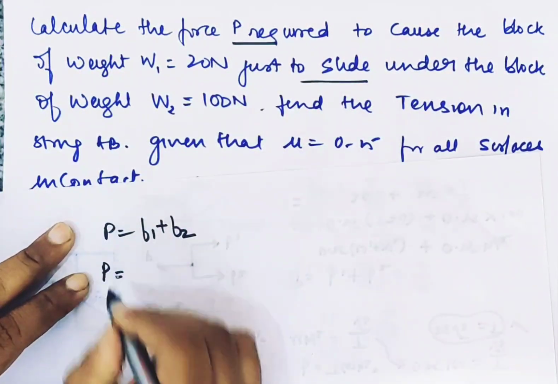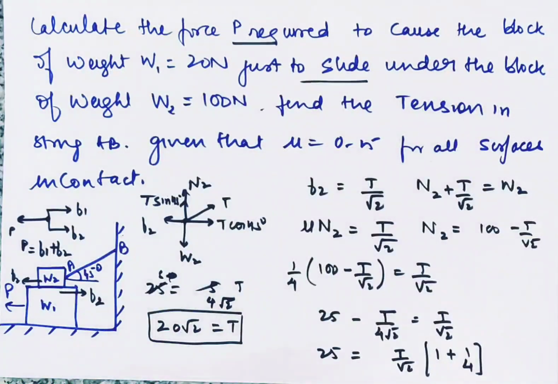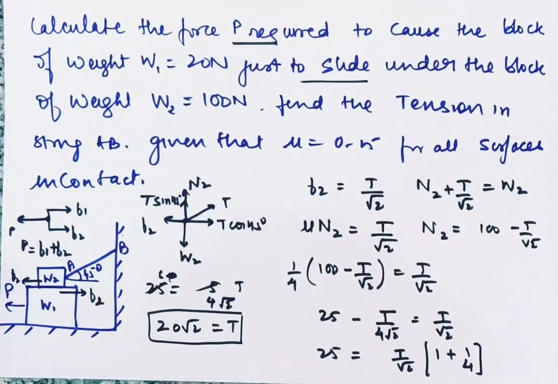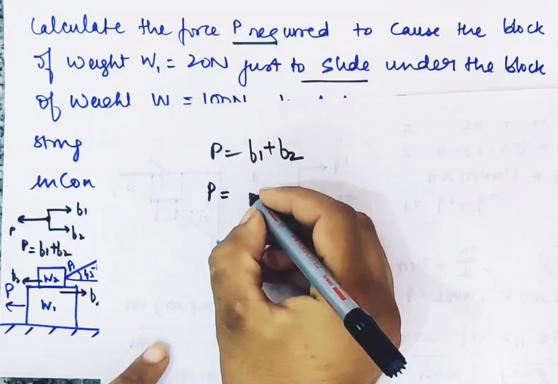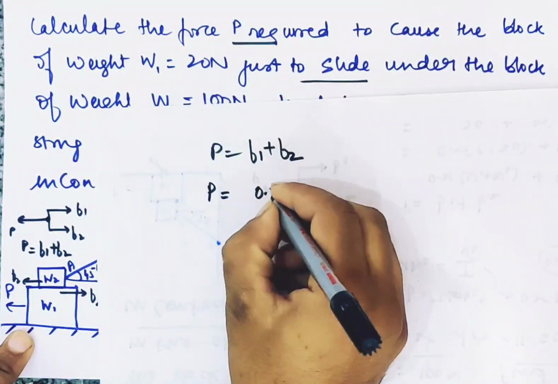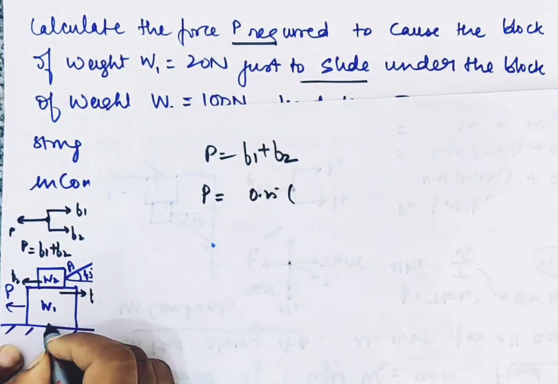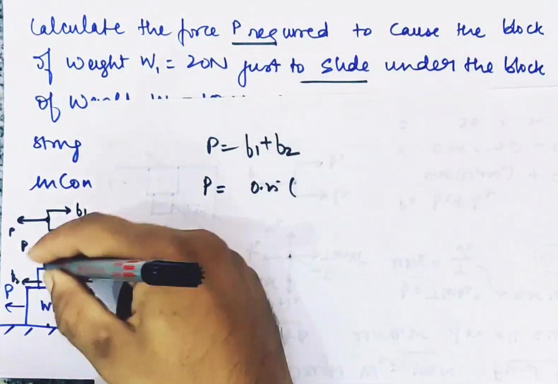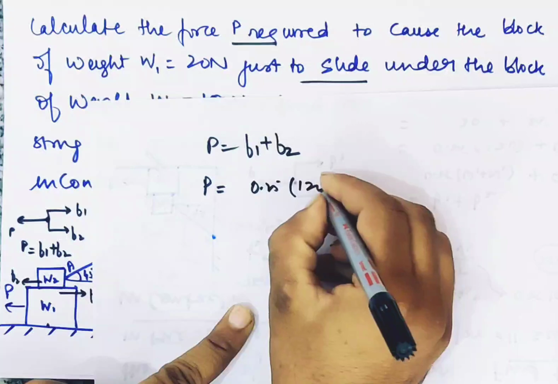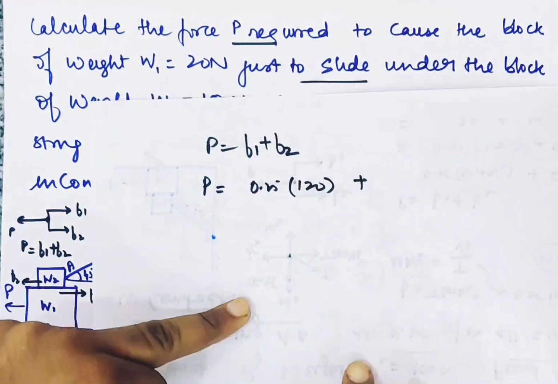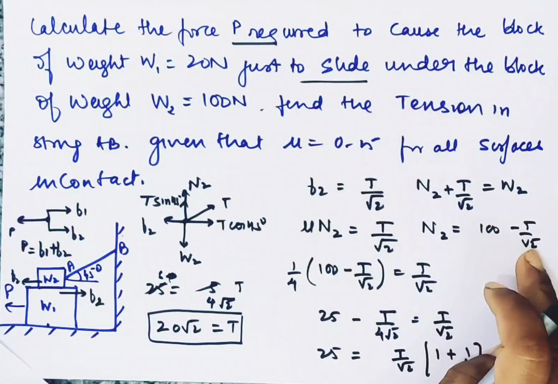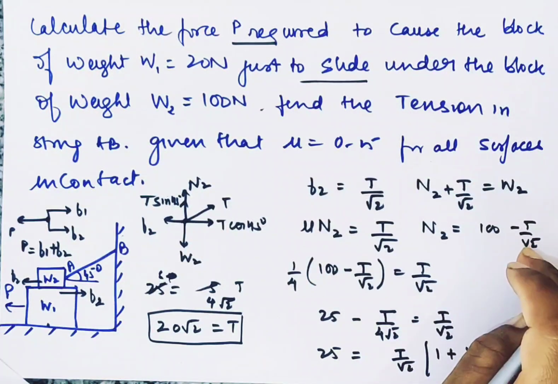Now P is equal to, what is F1? Here you can see F1 is 0.25 times W1 plus W2, that is 120, plus F2. F2 we found out, mu N2, and T we have already found out, that is 20 root 2.